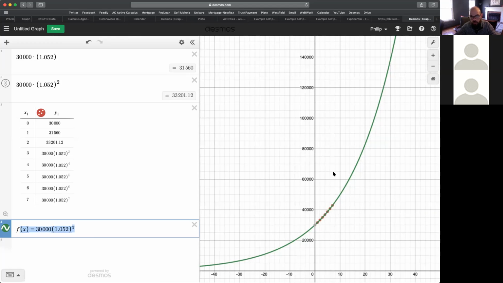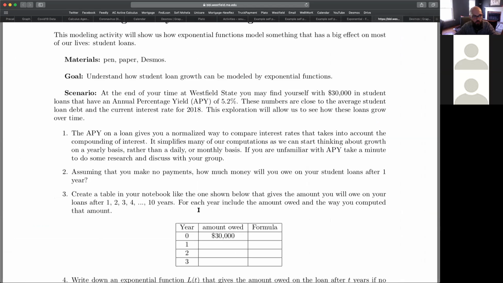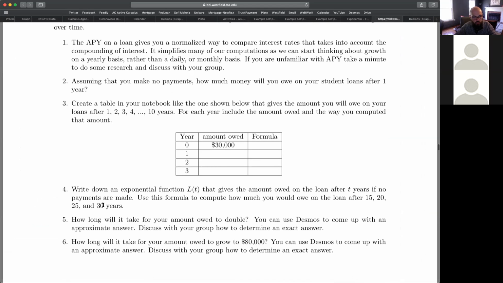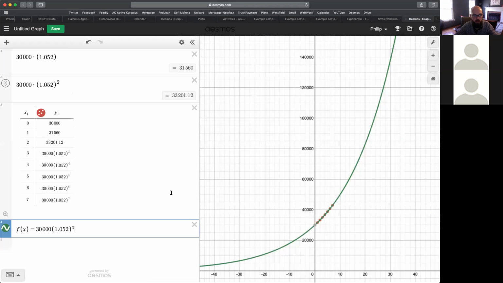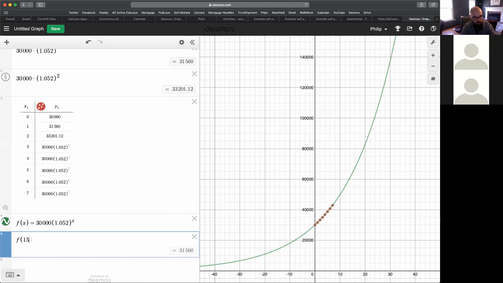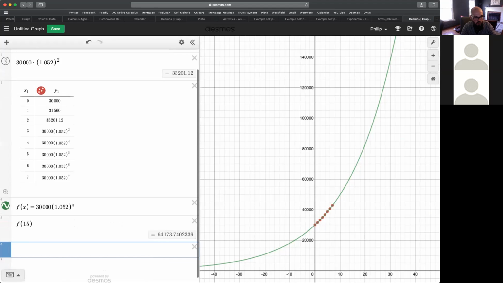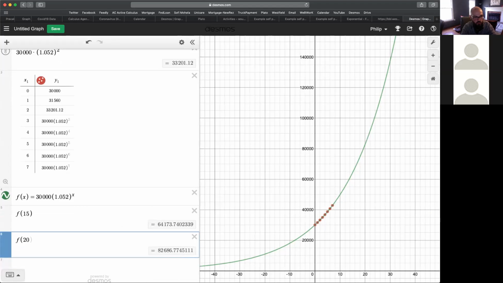So when we come back over here, when we look at some of our questions, we wrote down our function, and then we can predict how much we would owe after 15, 25, and 30 years by looking at these equations. So we could look at f of 15, f of 20, right?